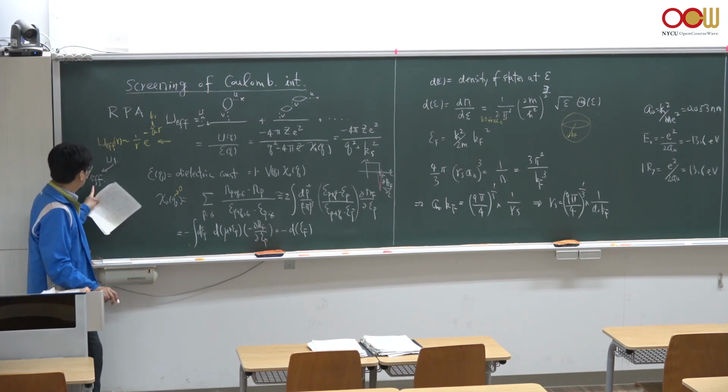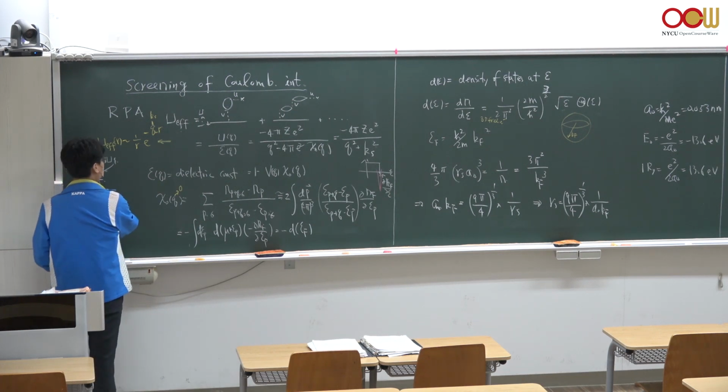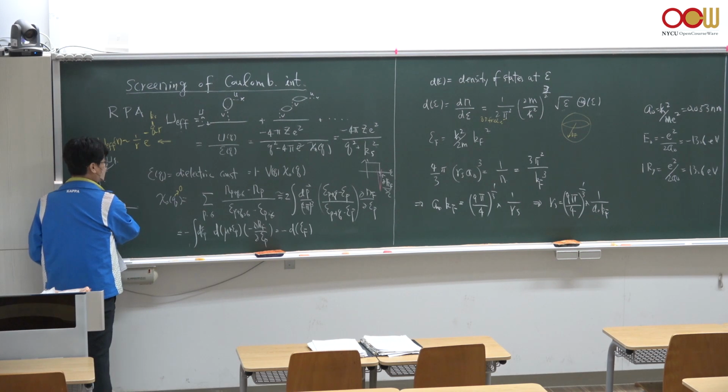Namely, the V effective is going to have exactly the same form as U effective.